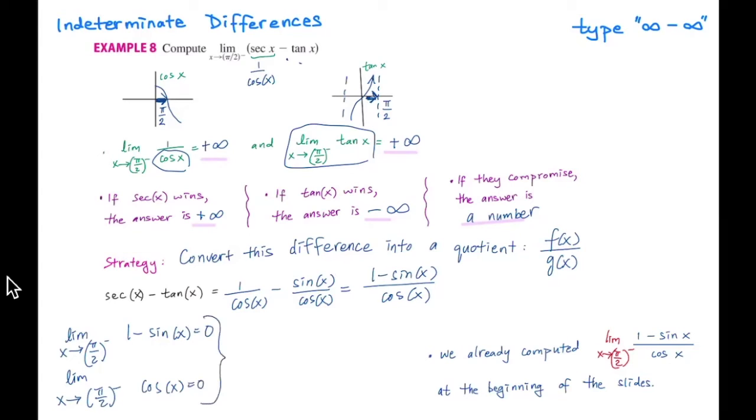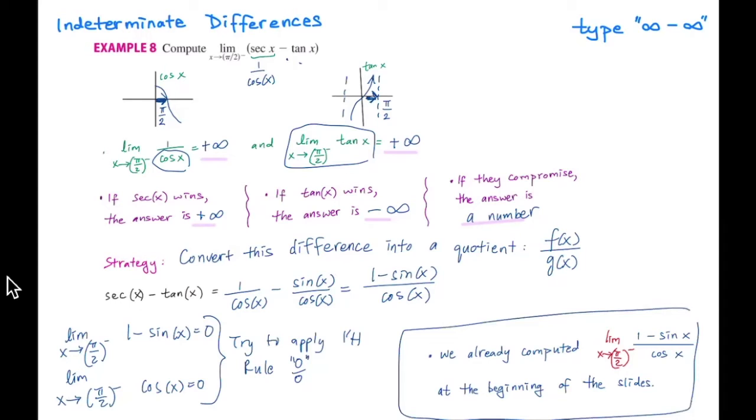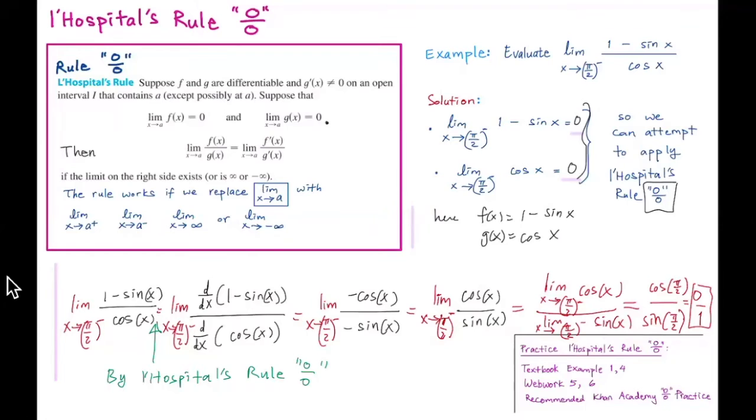So this tells us that we can try to apply L'Hopital's rule for the 0, 0. And in fact, we already did it at the beginning of this lecture. So if we had not done this already, then we would go ahead and do this whole thing that I did earlier and get that the answer is 0.